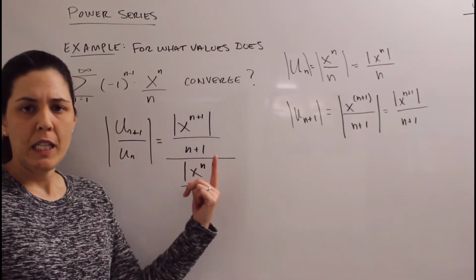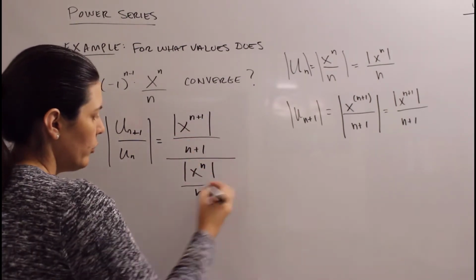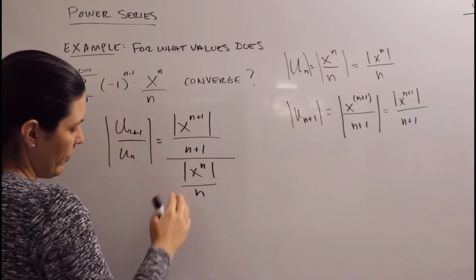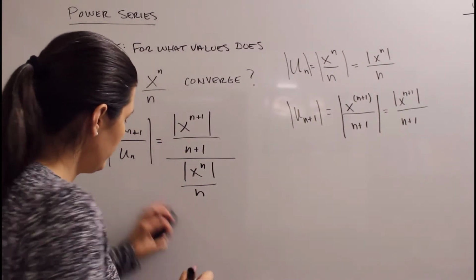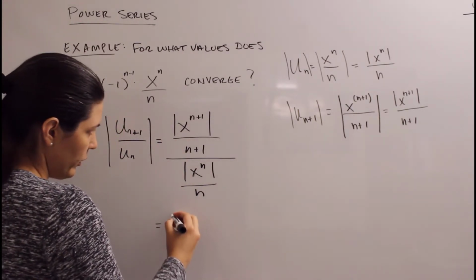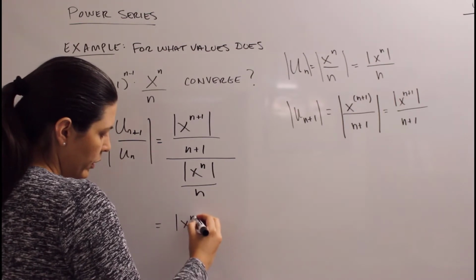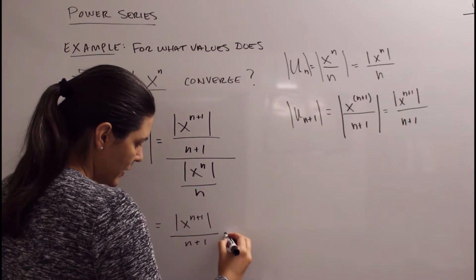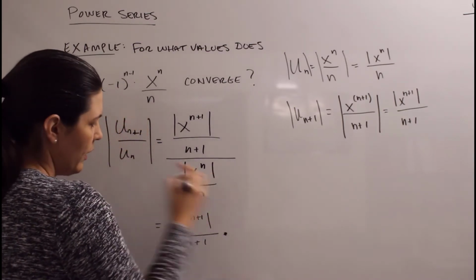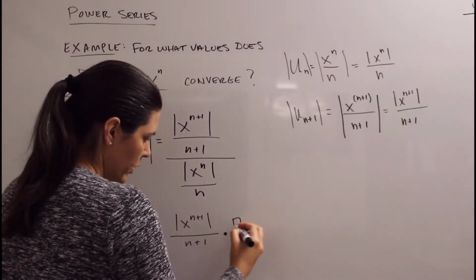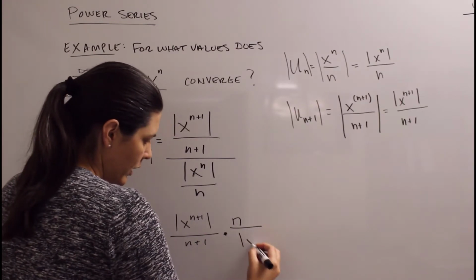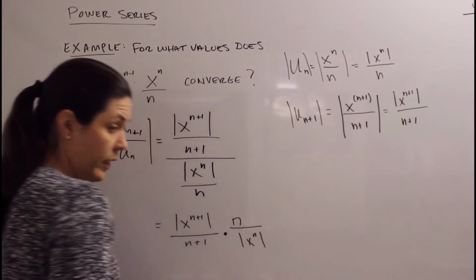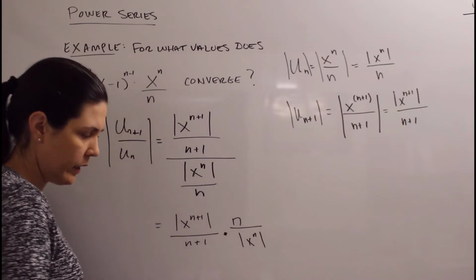And you can skip this step if you know that the very next step is to flip and multiply, because you do have a fraction divided by a fraction. So you can just jump right here and say absolute value x to the n plus 1 over n plus 1 times the reciprocal of the u sub n term, so n over absolute value x to the n power.